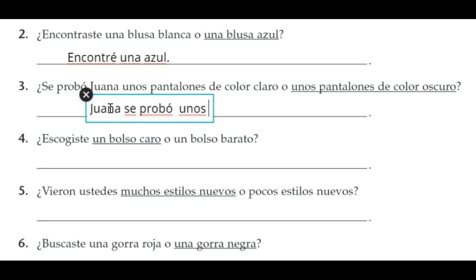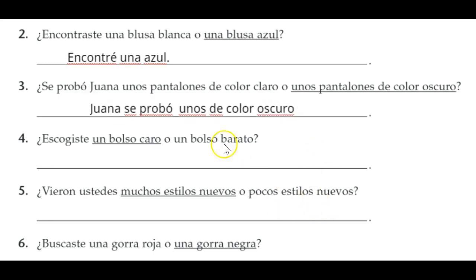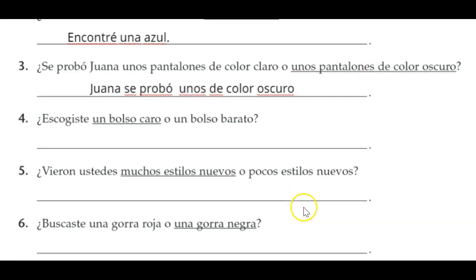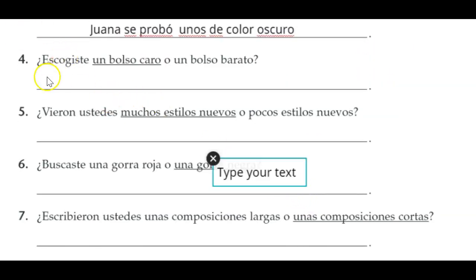So unos de color claro, oscuro. Right? She tried the dark colored ones on. That's what we say in English. We don't have to repeat pantalones. It's already understood.